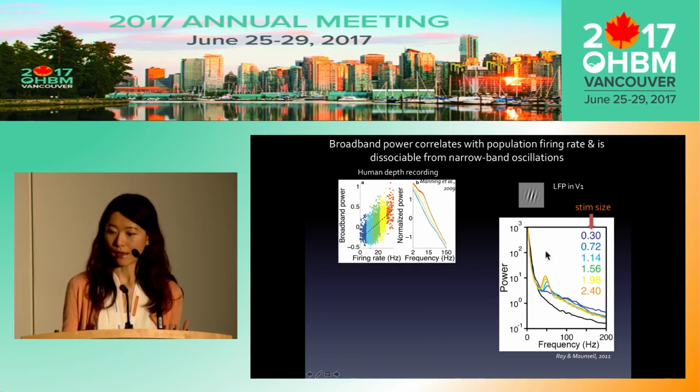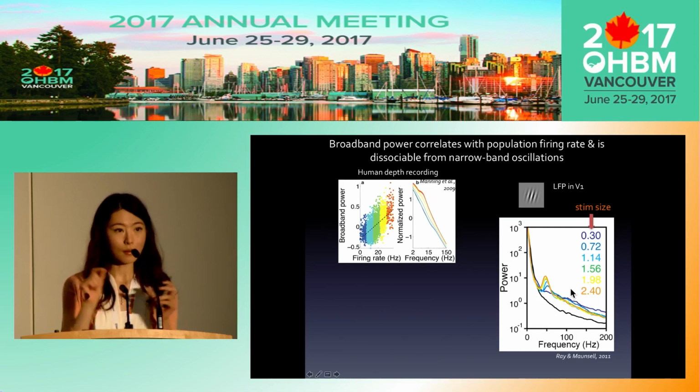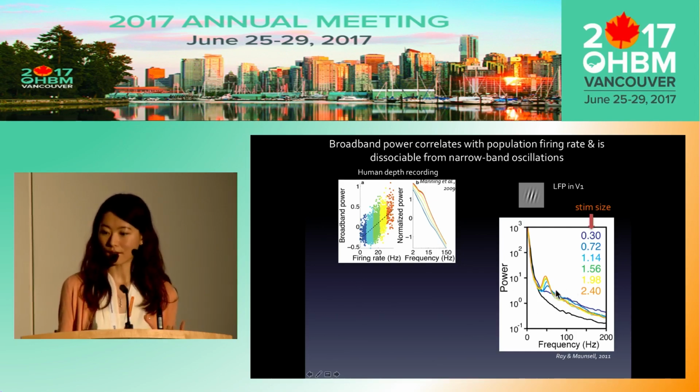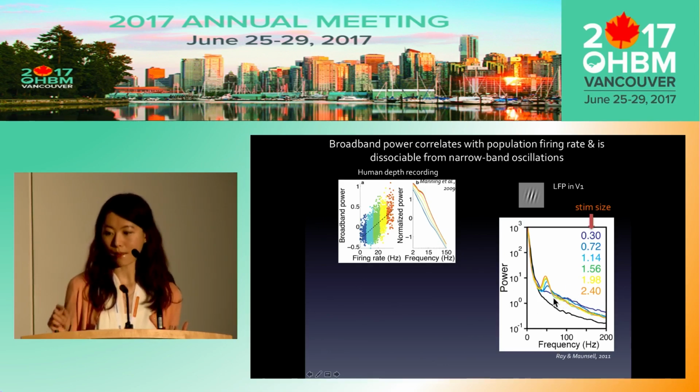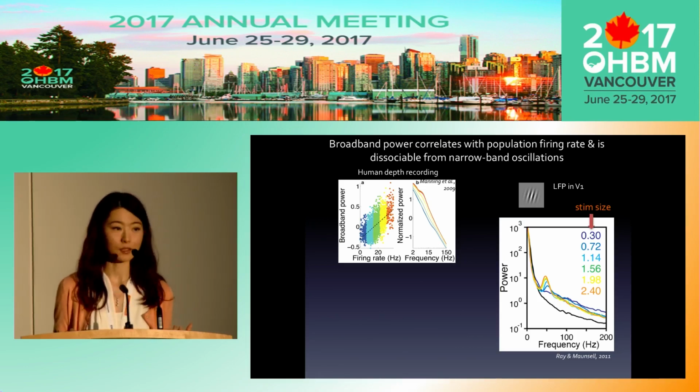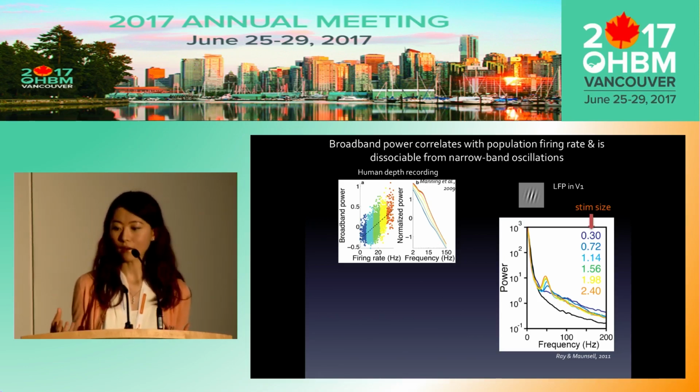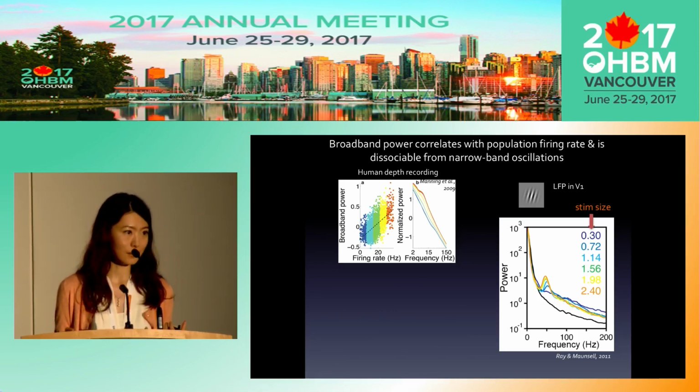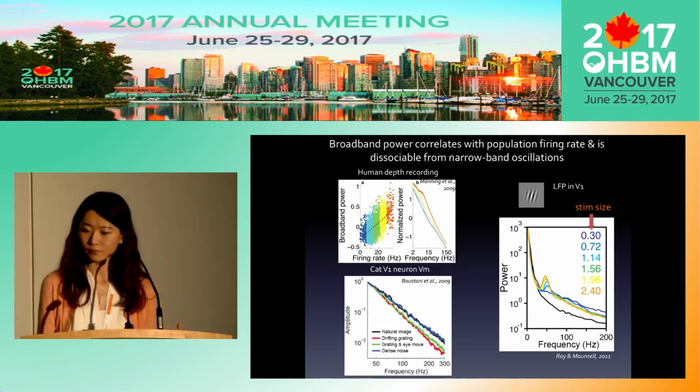For example, in V1, when you increase the visual stimulus size, you have increased gamma oscillation power, but decreased broadband power. And at the same time, you have decreased population firing rate. So again, population firing rate and broadband power go together and they can be dissociated from the narrowband oscillations.